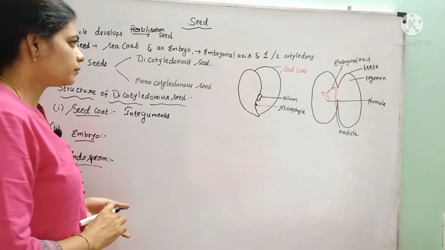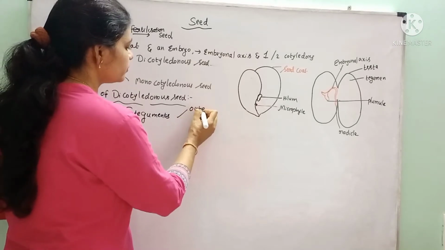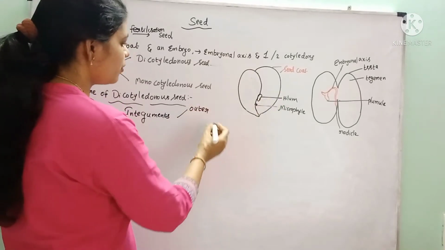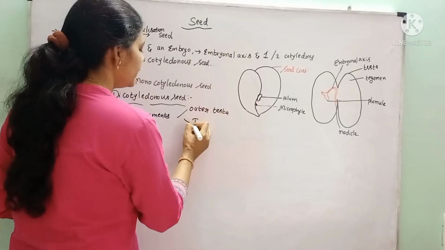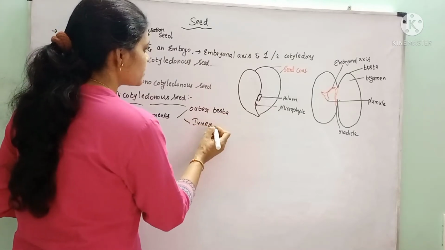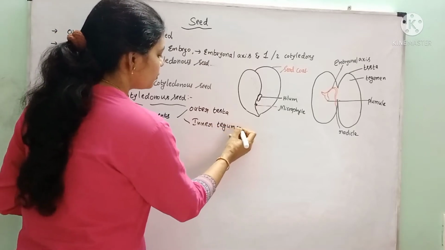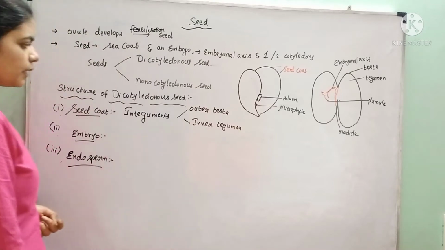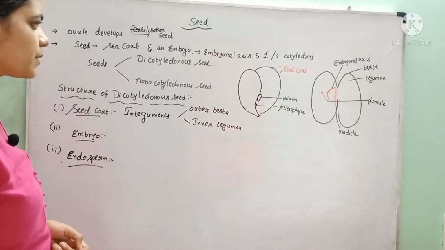The seed coat consists of an outer layer, the testa, and an inner layer, the tegmen. What are the two layers present in the seed coat again? The outer layer of testa and the inner tegmen.